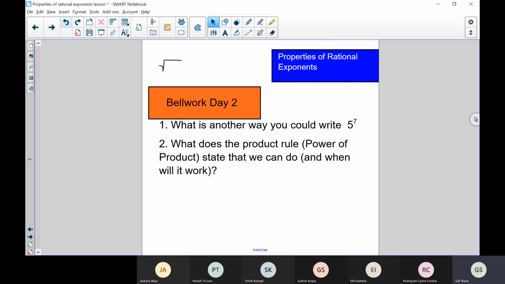So the product rule says, if we are multiplying terms with the same base, and I always use 2's because they're easy to work with, so we have a 2, that's multiplication, and we'll say that's 2 squared times 2 cubed.